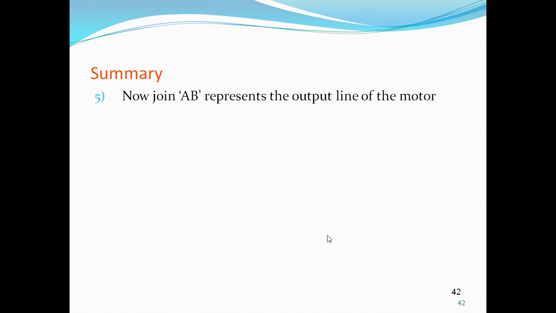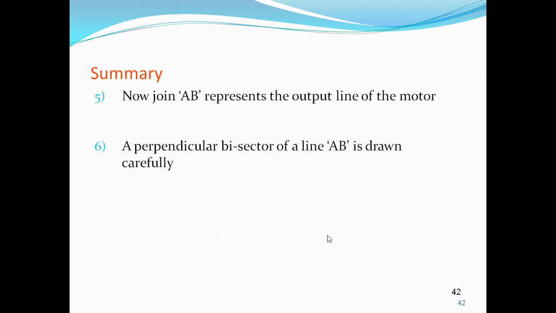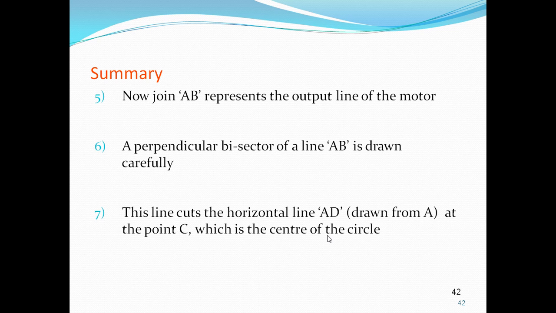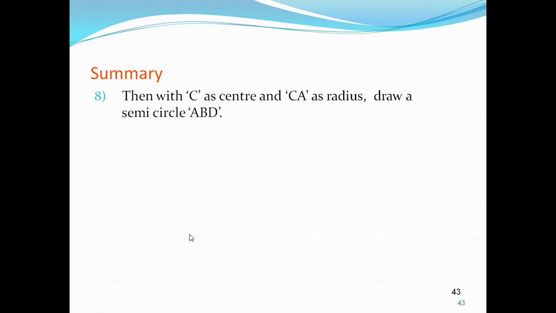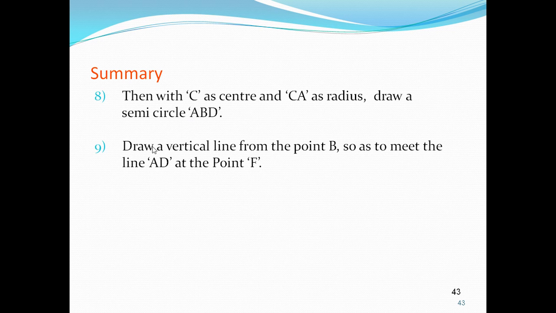Next, the fifth point is join AB, which represents the output line. Next, draw a perpendicular bisector to AB so that it cuts the AD line at point C. Take C as center and AC as radius, and draw a semicircle A, B, D.